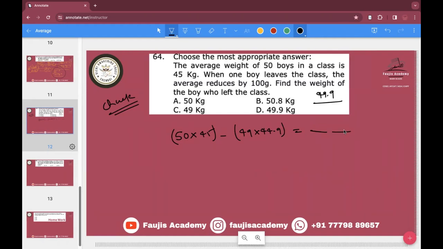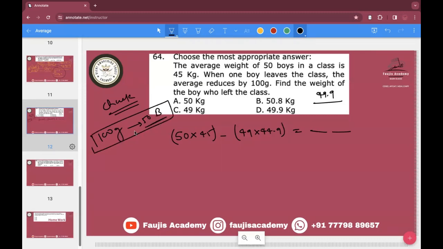Guys, calculate and tell me how much that is. I'm not getting why, since it is reducing 100 grams and it should reduce for 50 boys. This is a different method that I was thinking.